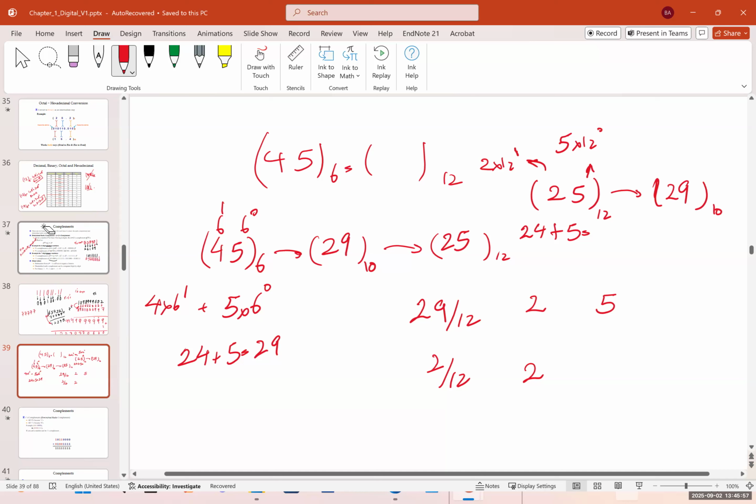Oh, one more thing that I wanted to mention is, let's say, for example, I want to convert 0.6 in base 10 to base 2. Oh, let's say 0.7.